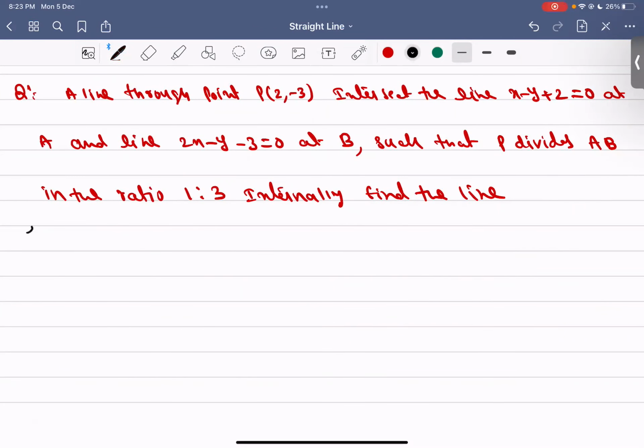So solve this question. I will not draw a fair diagram, just a rough diagram. A fair diagram is not required. So the line through point P(2, -3) intersects the line x - y + 2 = 0 at A. Suppose this is the line, so this line is L1.